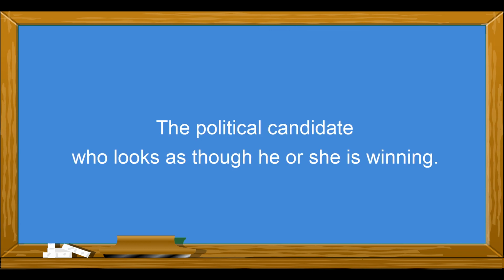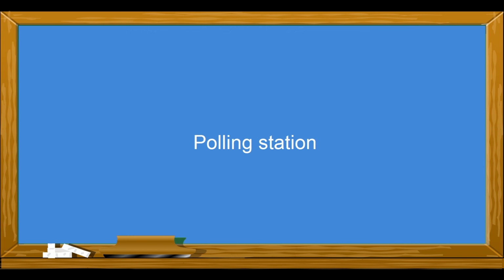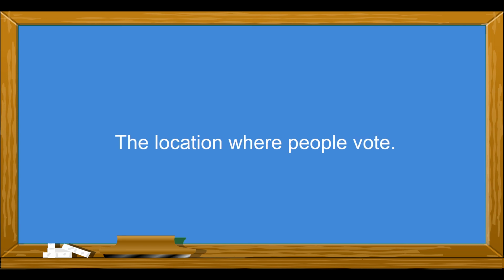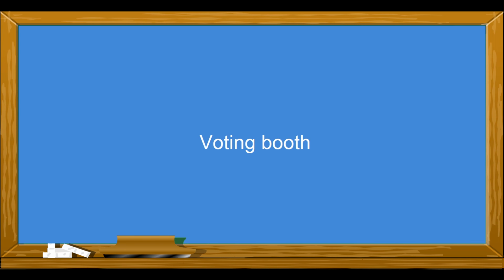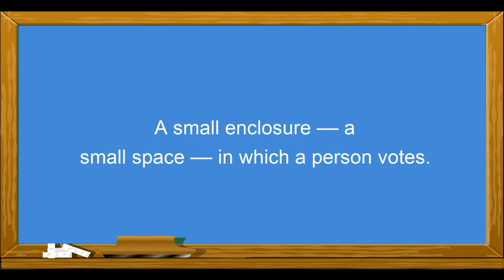Frontrunner. The political candidate who looks as though he or she is winning. Polling station. The location where people vote. Voting booth. A small enclosure, a small space in which a person votes.